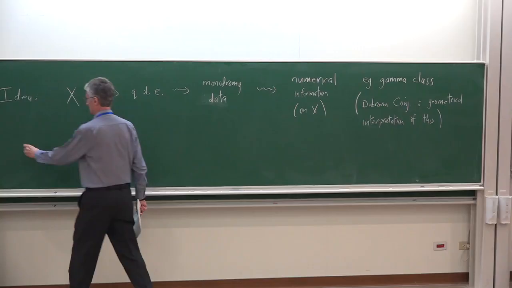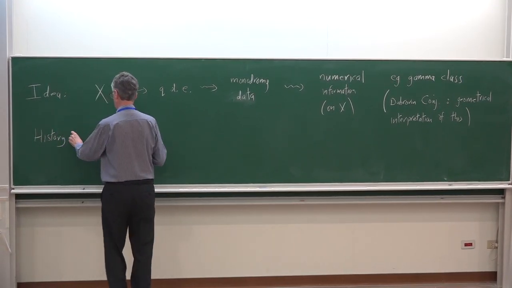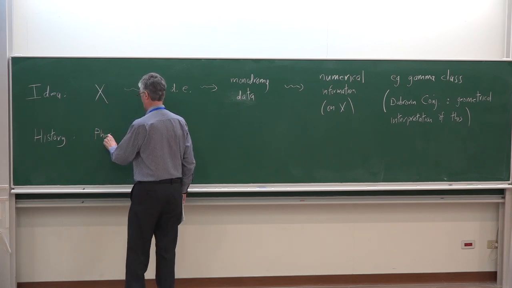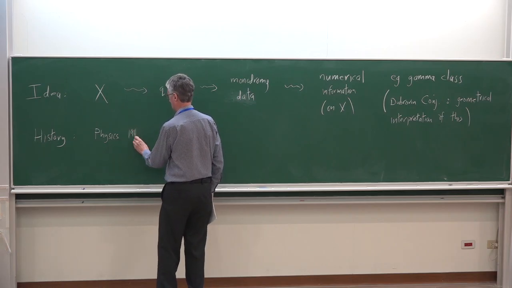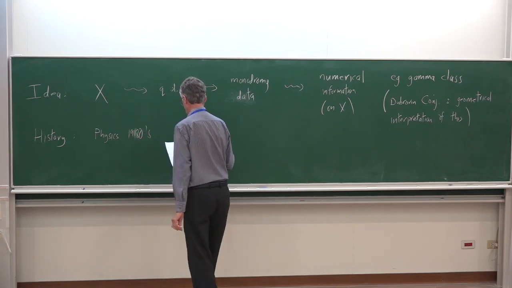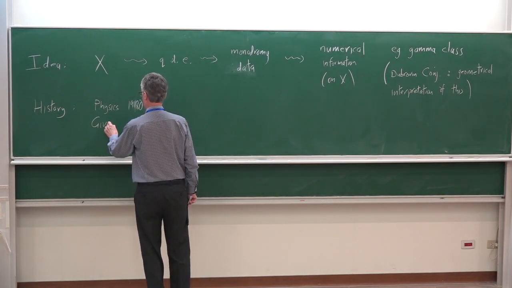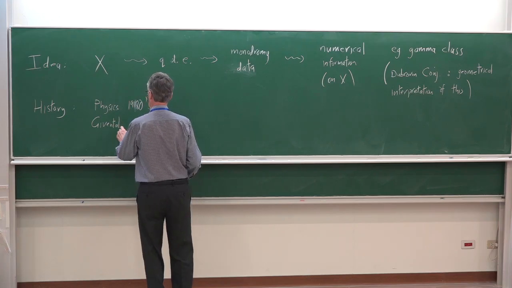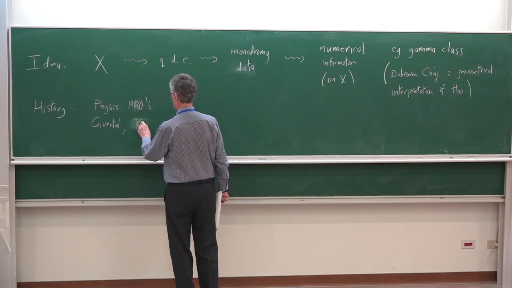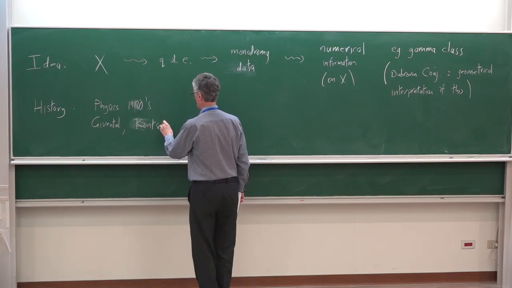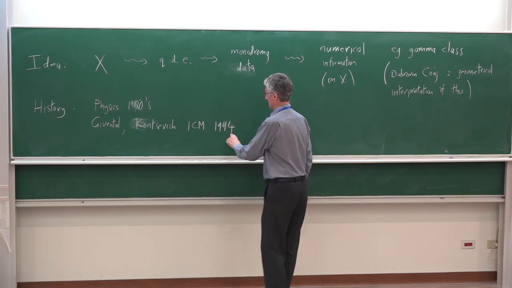Okay, so the starting point, this kind of thinking everybody knows, I think, came from physics, 1990s, 1980s maybe. And mathematically, there are some nice, very fundamental articles by Givental and by Dubrovin, and, well, let me see, Kontsevich, in the proceedings of the International Congress 1994.